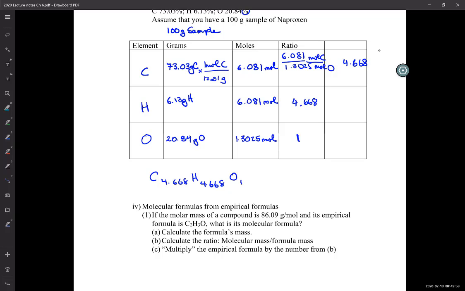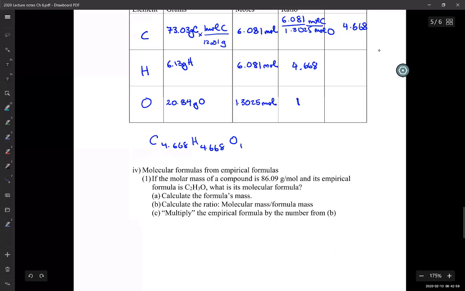So 4.668, if I multiply that by 2, I'll just show you this. 4.668 times 2. So this is what I'm multiplying by. What's that going to be? Is that a whole number?